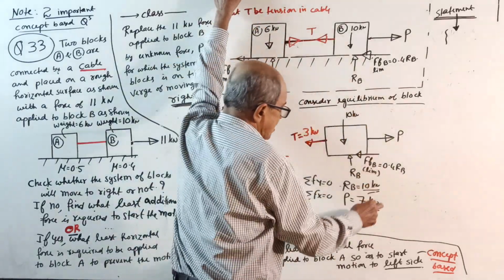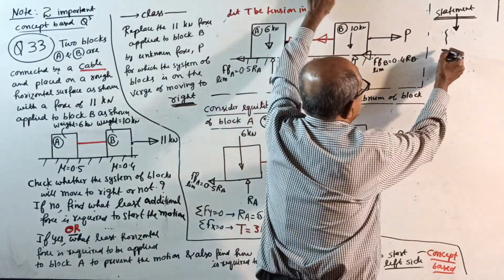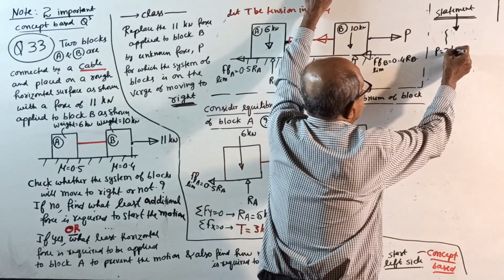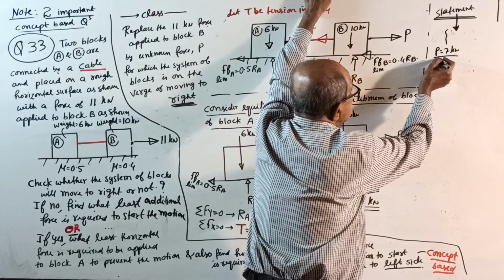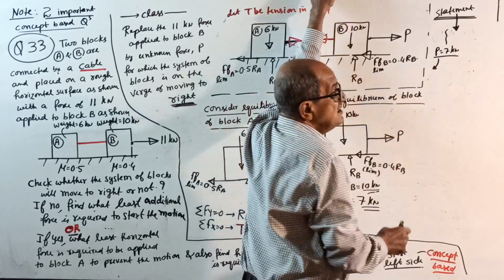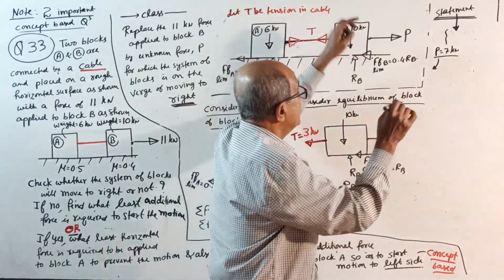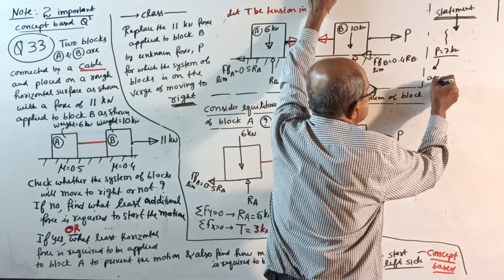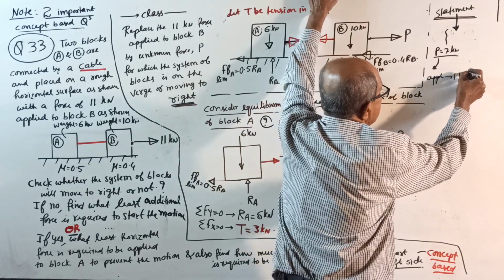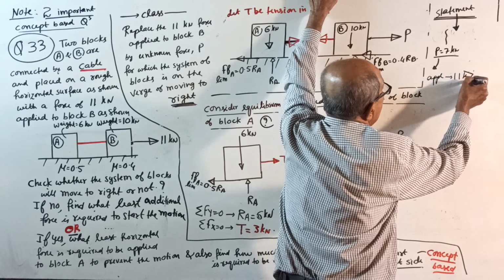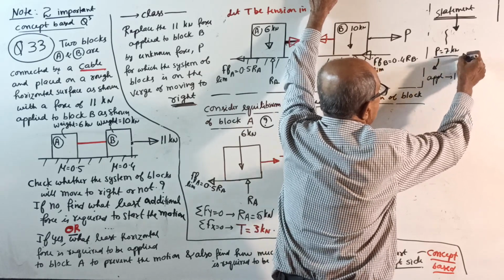And finally, we got P equal to 7 kilonewton. So, when the force is 7 kilonewton, the block is on the verge of moving to right side. But the applied force is 11 kilonewton, so that is more than your P of 7 kilonewton.